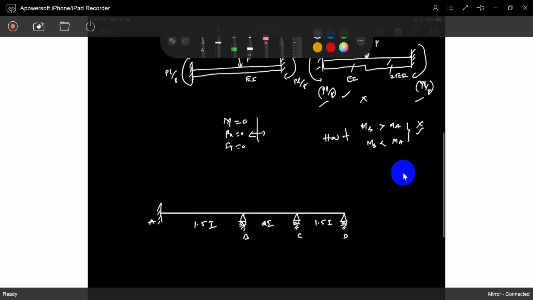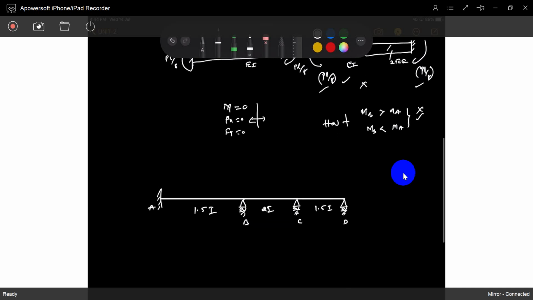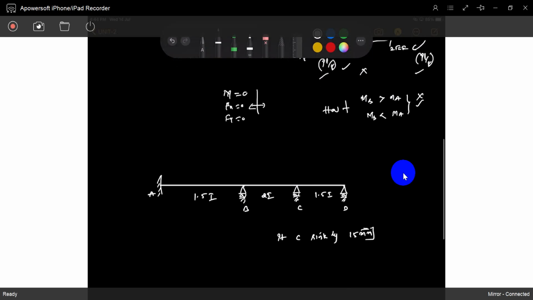It is given that support C sinks by 15 mm; find the moments. He didn't give any loading on the beam because these are the normal things. I'm not interested in giving a loading, because if a load is there, no problem at all.